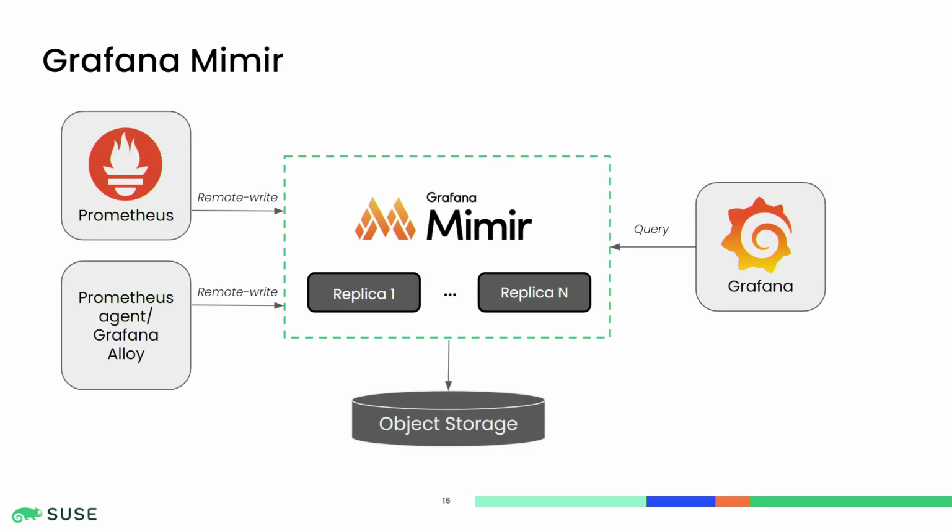Yeah, Danny, go ahead. So, as Yuri mentioned, we're going to be using Mimir on the central cluster, and this slide provides a high-level overview of the monitoring stack. On the left, we can see Prometheus, as well as Prometheus Agent and Grafana Alloy.